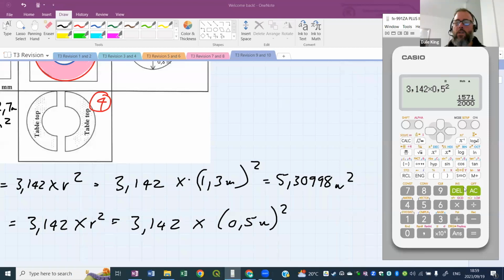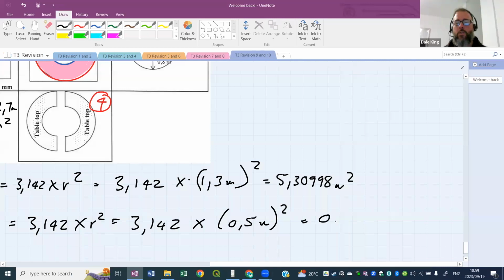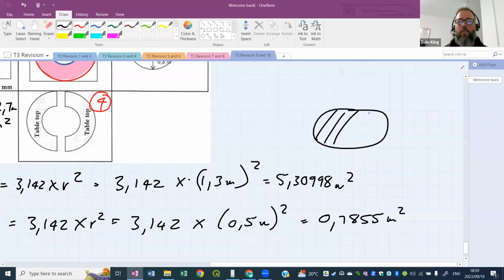That's what needs to change there. 0.7855 meters squared. Okay, so now this top number is for a whole circle, the big one, as if there wasn't a hole, and the small one at the bottom is for the little part in the middle. Okay, so what we've got to do is take this little one and cut it out of the big one. All right, and that'll give us that pink shape there.